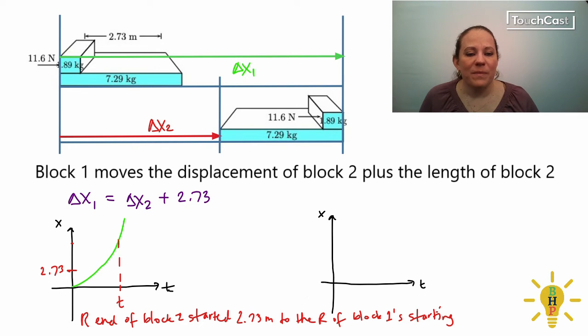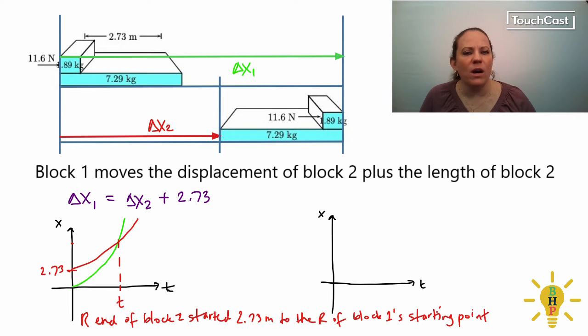And in the other, we'll think about the bottom block. So I'm going to have a much more open parabola, like not as steep as quickly, because block 2 has a lesser acceleration. So this is one way of representing the position-time relationship for my two blocks.